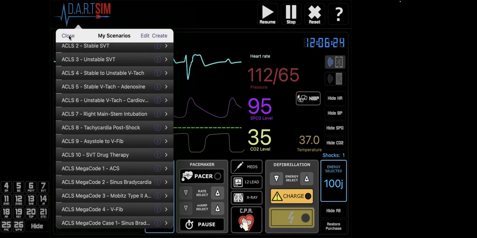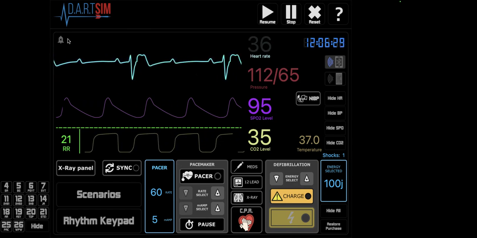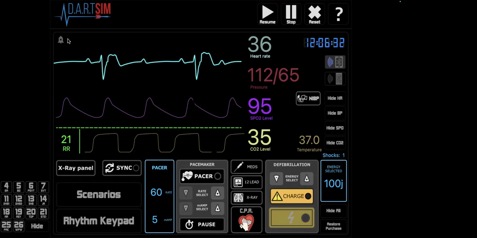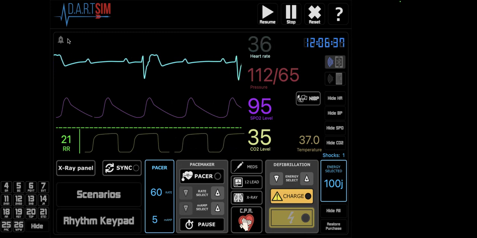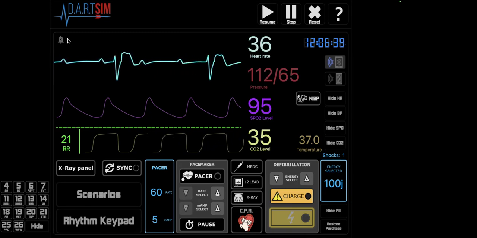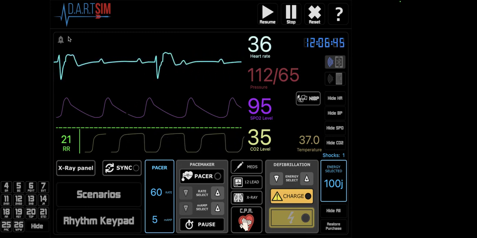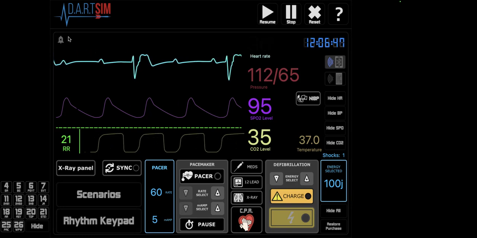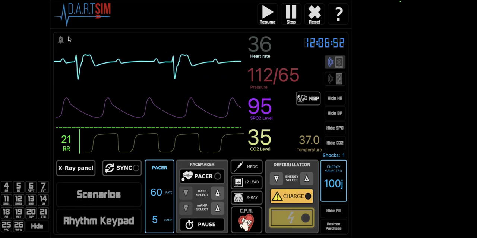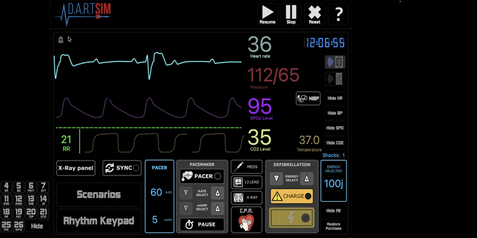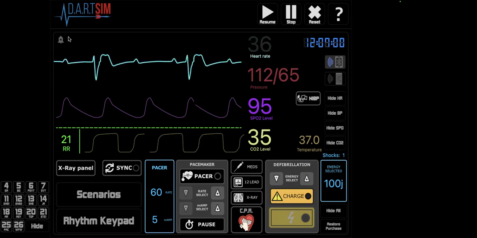When we think about this, oftentimes it can be drug related, but more so, especially in the New Brunswick Heart Center, it is often ischemia related. So there is ischemia to the AV node, and you can see that the P's are working independent of the QRSs.